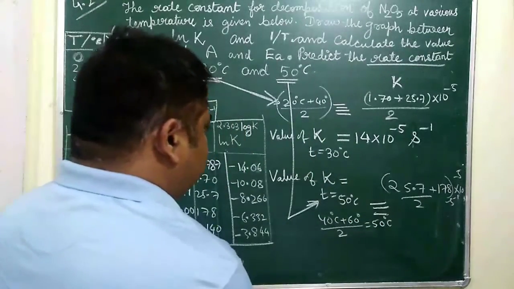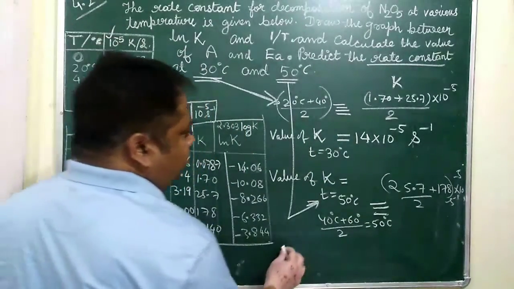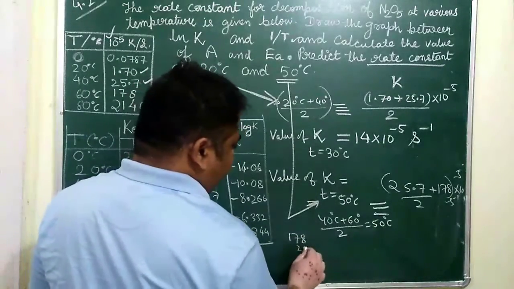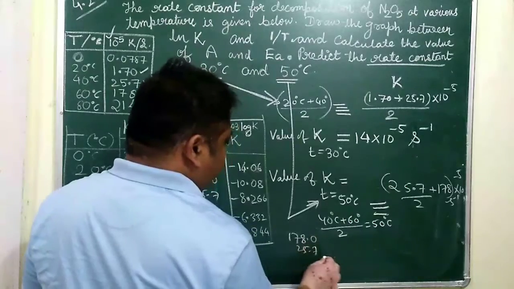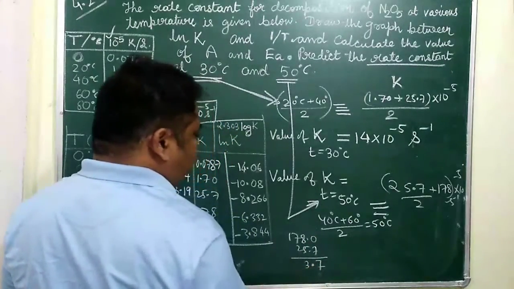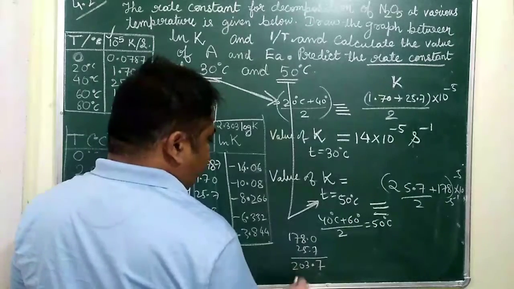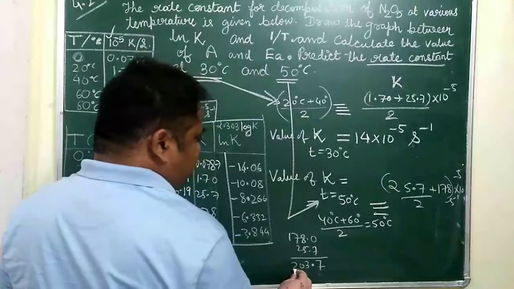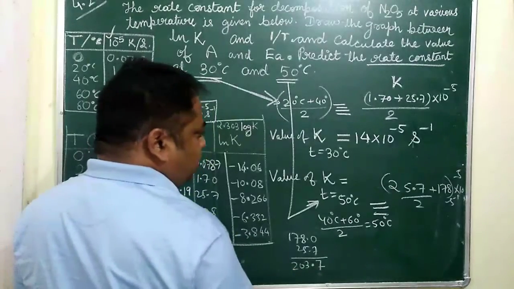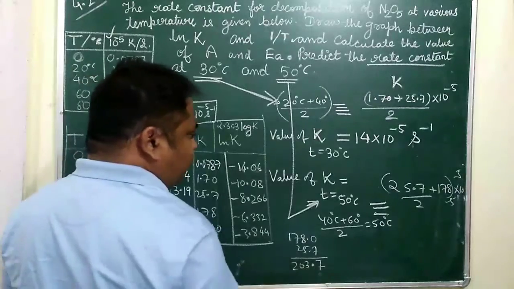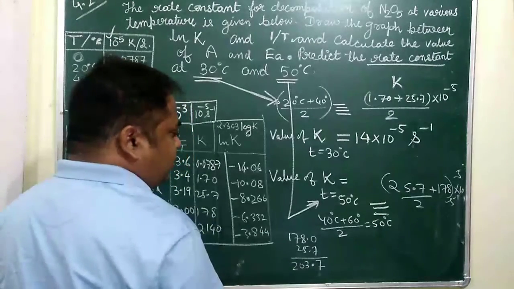I can calculate this by doing some side calculation again. 178, 25.7, sum is 203.7 divided by 2. If I consider this as 200, because the order is 10 to the power minus 5, this 3.7 is of very little importance.